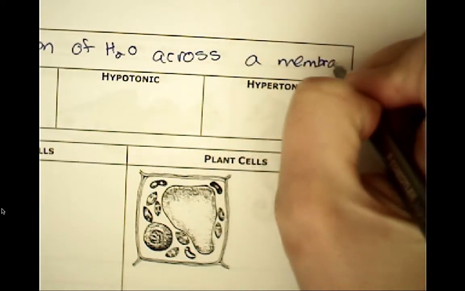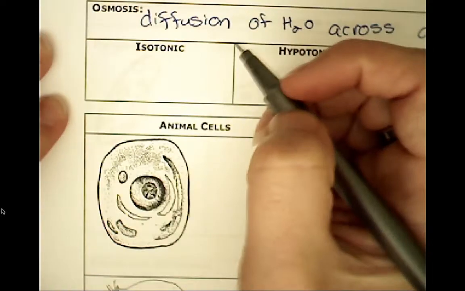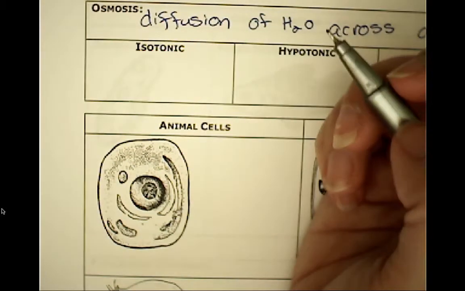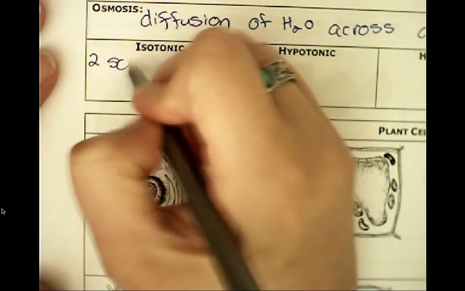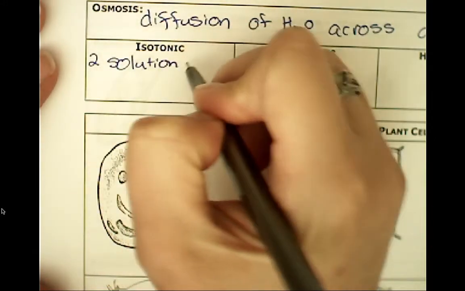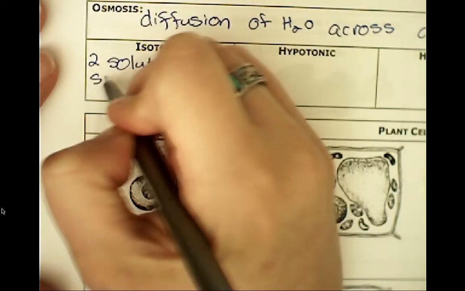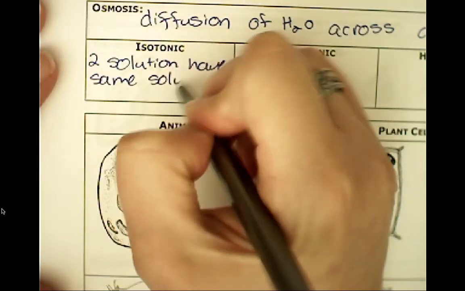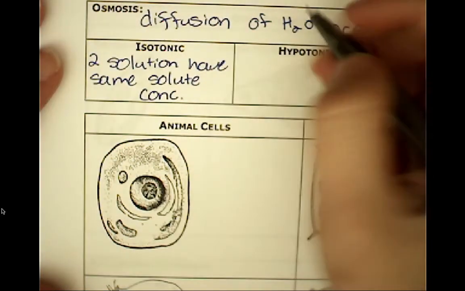And what ends up happening is you end up with three kind of cell conditions. The first is isotonic, where the two solutions have the same solute concentration. I'm going to start abbreviating concentration like that. Okay?